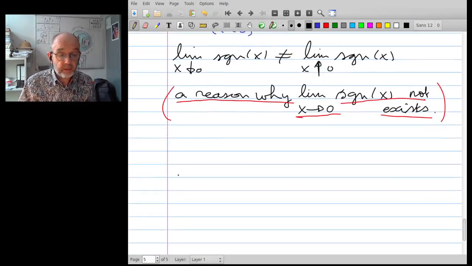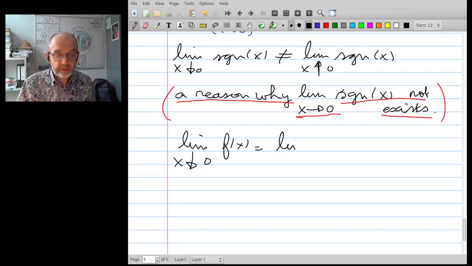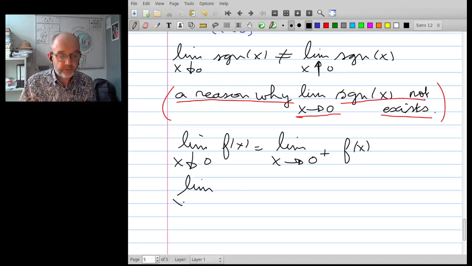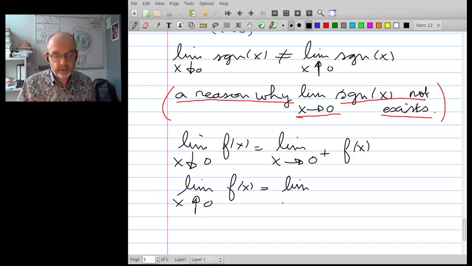In Adams, the limit going from above to 0 of something will be written as the limit from x going to 0 plus. And the limit from x going from beneath to 0 will be written down as the limit from x going to 0 minus.